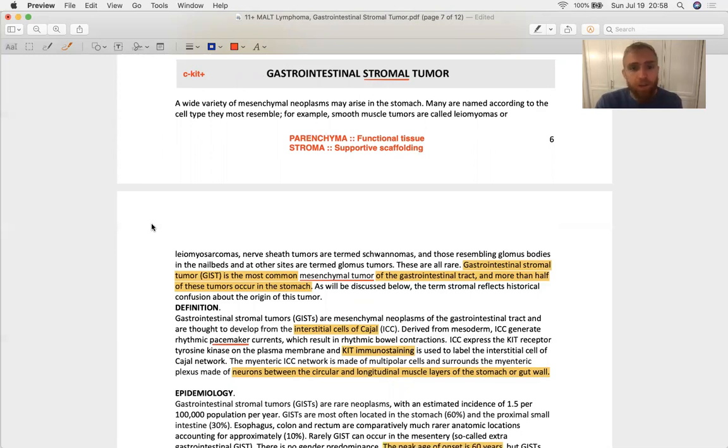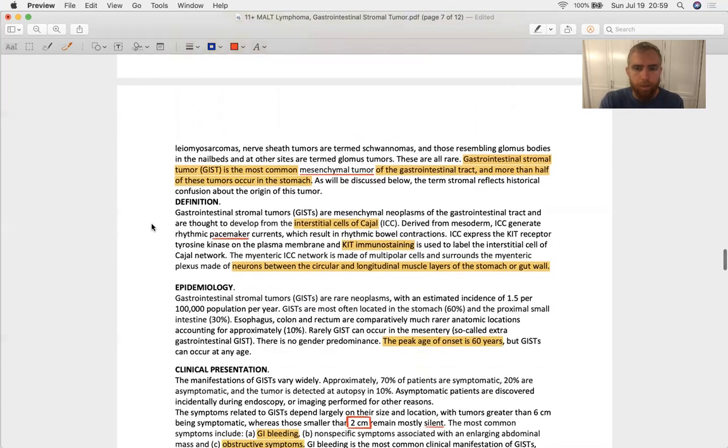And the cells that compose the stroma are fibroblasts and myoepithelial type cells, those that derive from the mesenchyme, which is kind of a germinal matrix of glue that all of your connective tissues do arise from at some point.